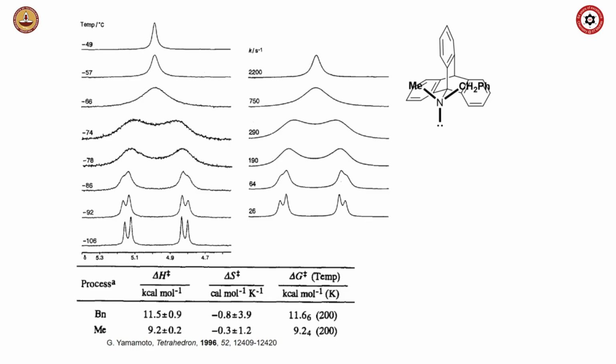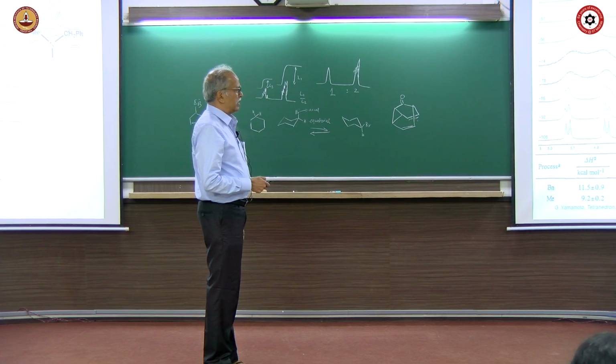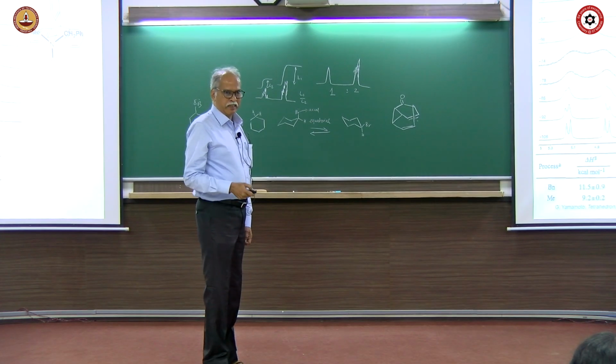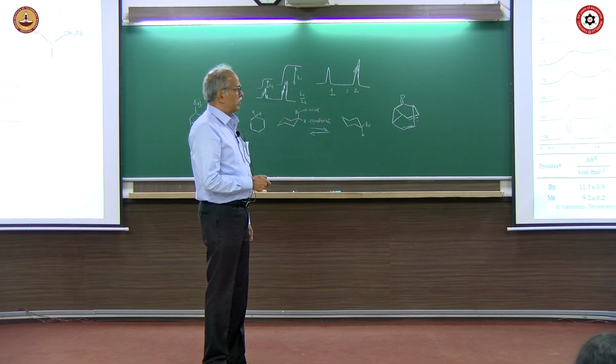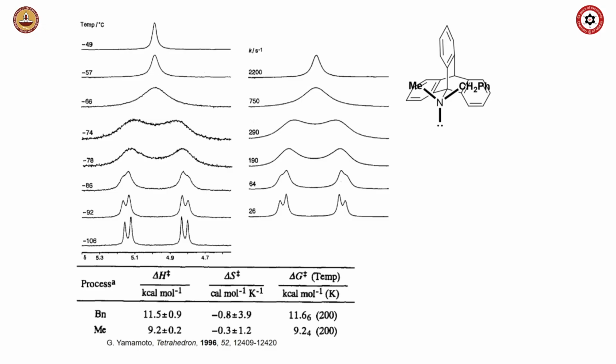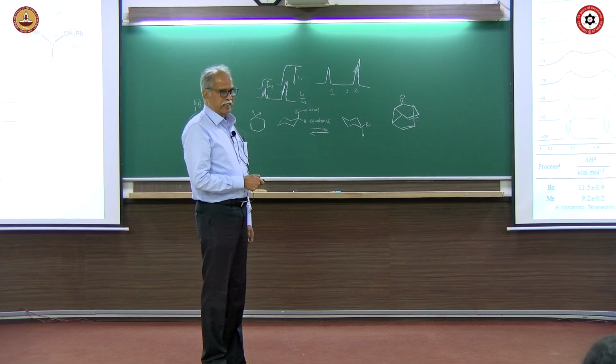If you look at this molecule, this is a chiral molecule. Nitrogen has three different substituents and it fits the definition you gave some time back. So it is a chiral nitrogen molecule, a chiral amine in other words. Because it is a chiral amine, these two hydrogens are going to be diastereotopic in nature.